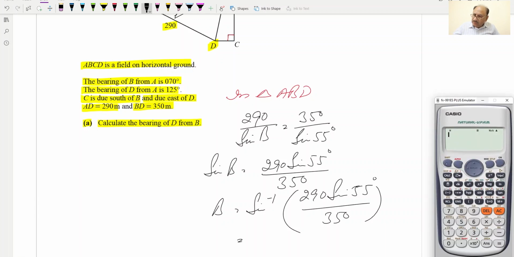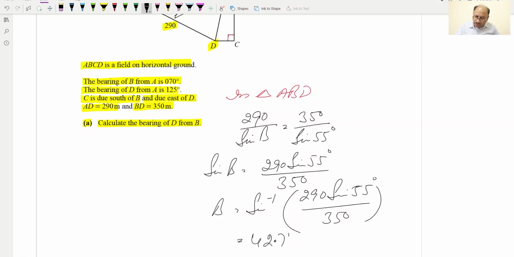This will be shift sine. Your calculator should be in degree mode. You will have to be careful about that one, otherwise your answer will be very different. So this will be 350, bracket close, and this is equal to 42.74 degrees. We calculated this angle.